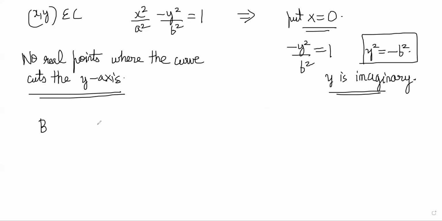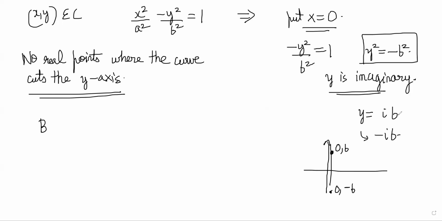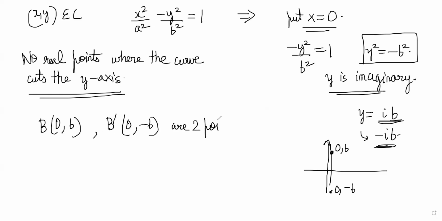The points, if you think here, y can be written as ib and -ib. And if you think of the complex plane, this is my imaginary axis. You can mark 2 points, (0, b) and (0, -b). They will represent the points ib and -ib. So the points B (0, b) and B' (0, -b) are 2 points on the y-axis, which you can think of as the imaginary intersection of the curve with the y-axis.